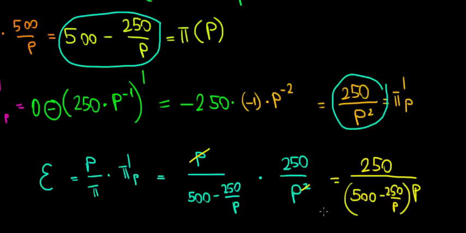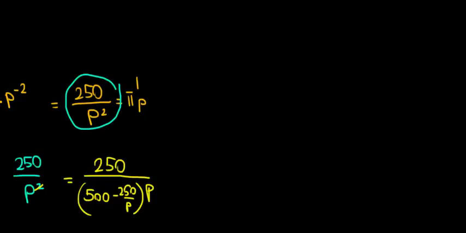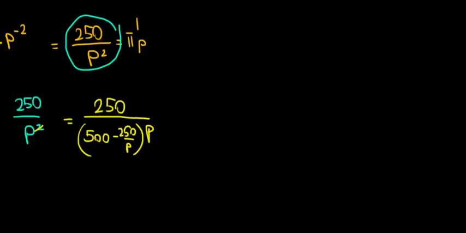And if we open the brackets, term by term, 500 times p is 500p, and here we have 250 divided by p times p. Well, p and p cancel out, so we only have minus 250.